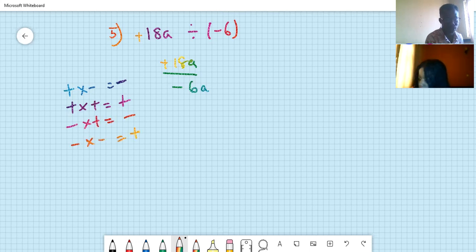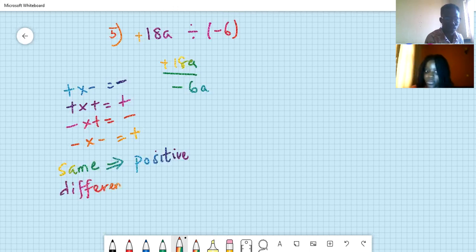So once the signs are the same, you're going to get positive. Same gives you positive, but different signs give you negative.